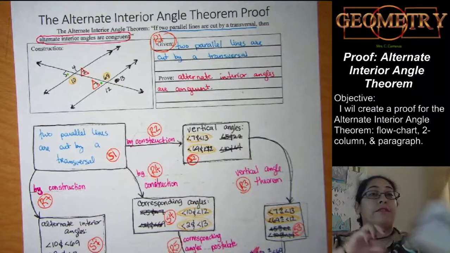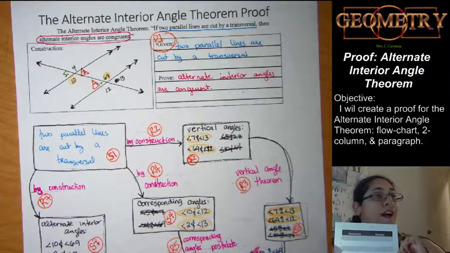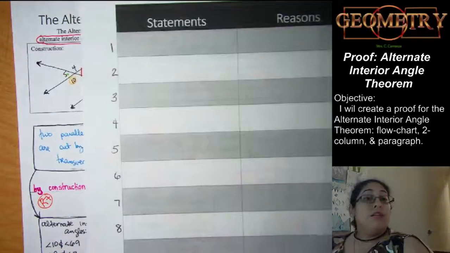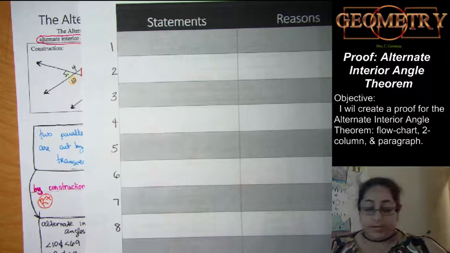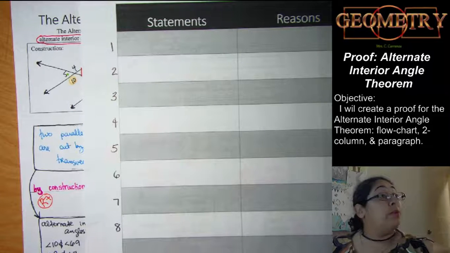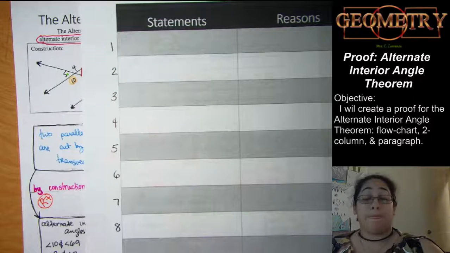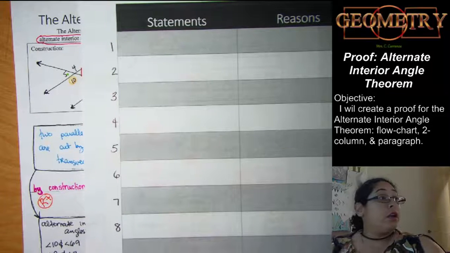All right, follow me on to your 2-column proof. Label your statements 1 through 8, please. We have about 15 minutes left in class. I want to be able to get all the way through to the very end. So we're doing okay on time. All right.